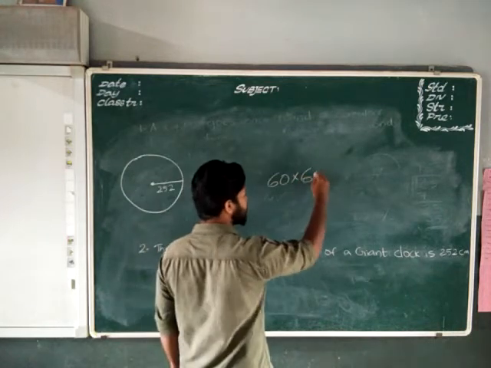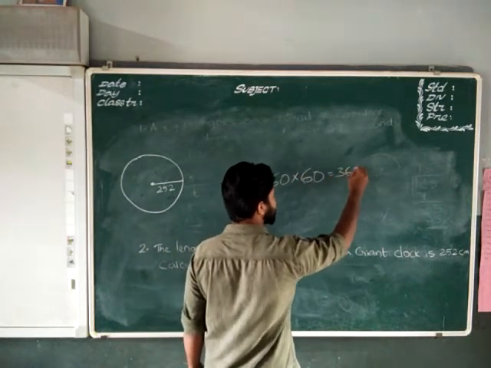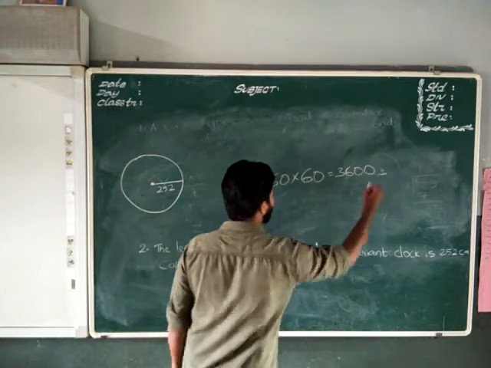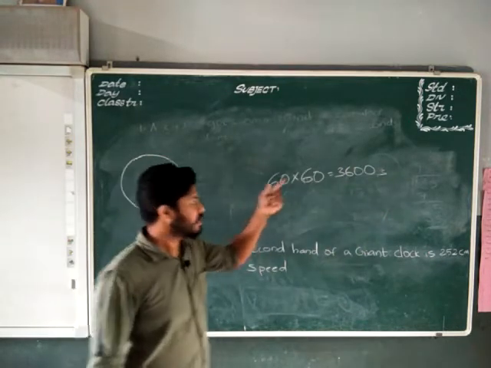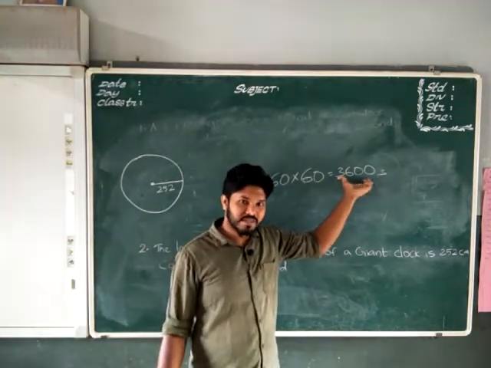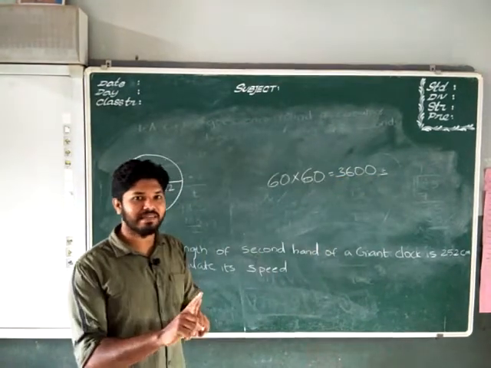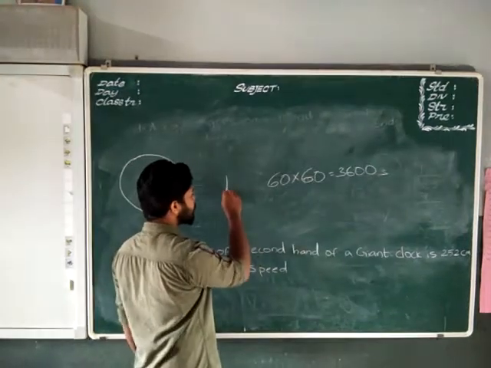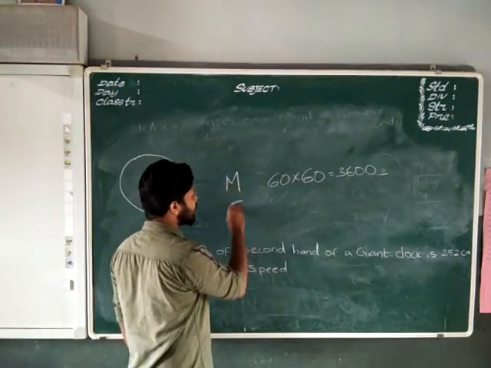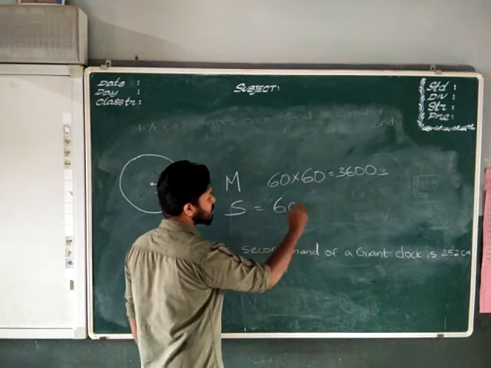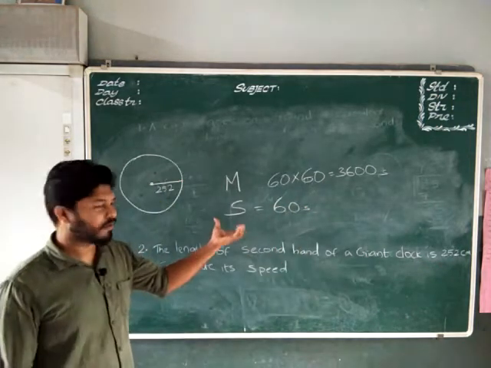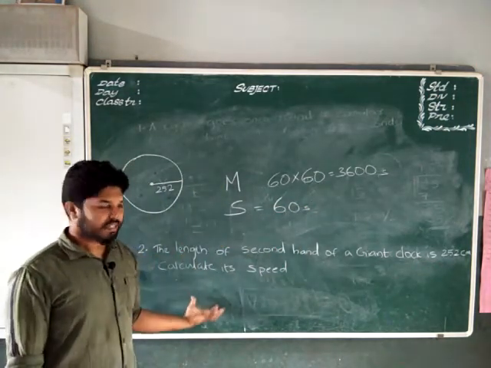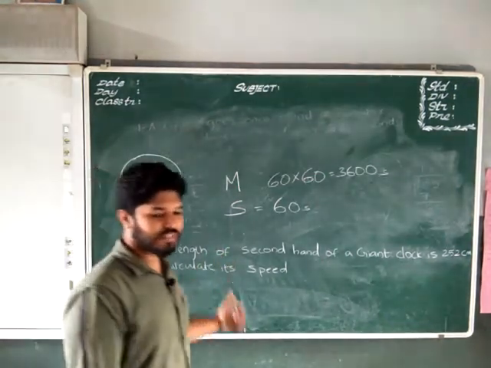So 60 into 60 is equal to 3600 seconds. So if it is minute hand, it takes a time of 3600 seconds. If it is second hand, it takes just 60 seconds to complete one revolution. Don't forget this logic while you are doing this type of problems. Now moving to our question.